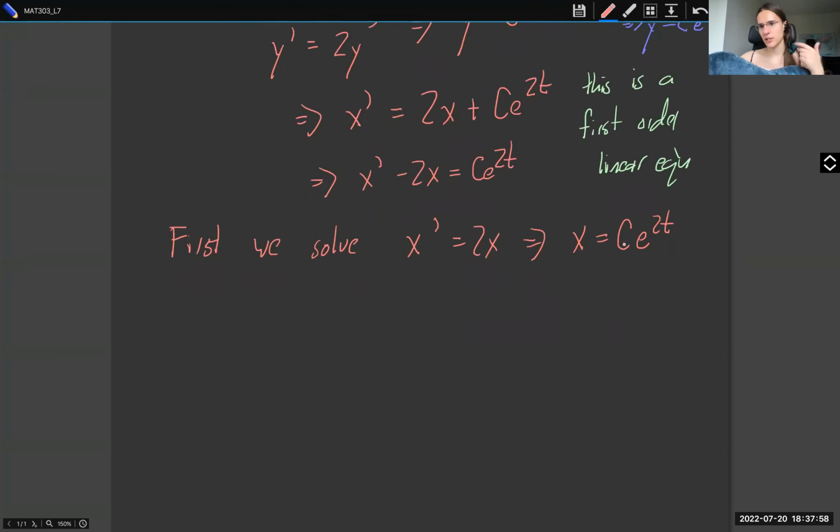And now we're going to use what's the good technique for solving things that we use even for higher order linear equations? Variation of parameters. And so for variation of parameters, we use the ansatz that x is equal to what?